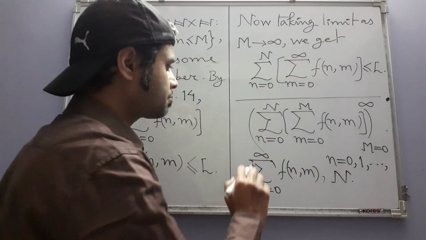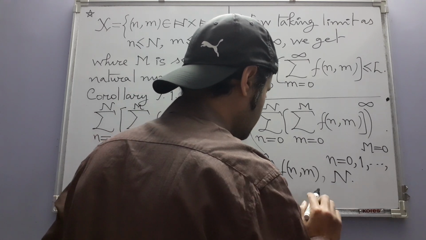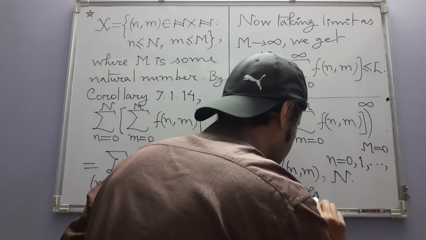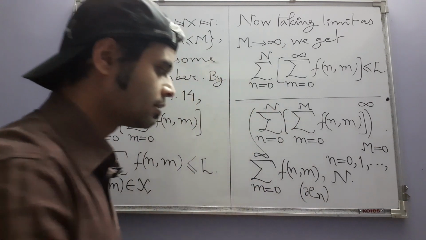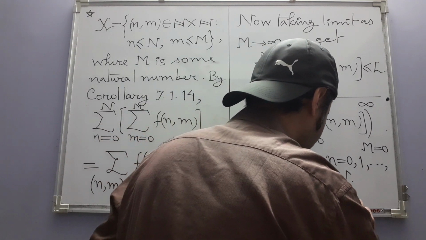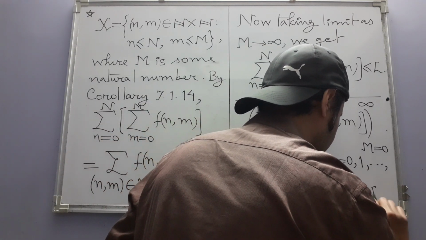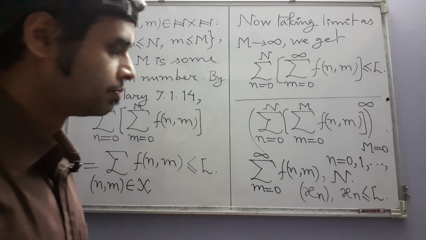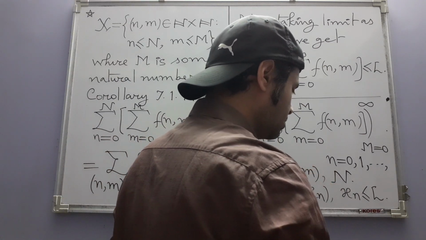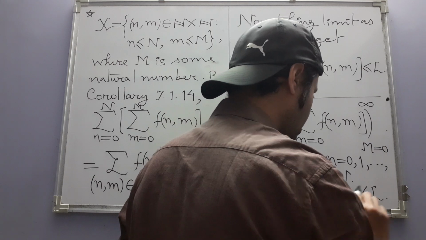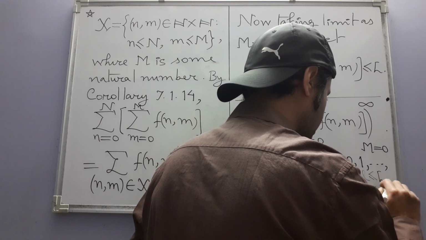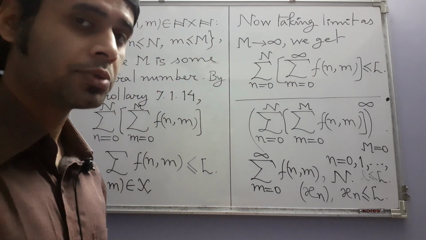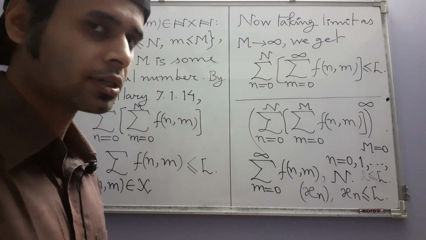That's because it is also one of the properties of limits of sequences. Say you have a convergent sequence like this, where n is the variable, and all the terms are less than or equal to some real number L. Then you take the limit and say its limit is small l, then small l is also going to be less than or equal to L. And this is a consequence of the comparison principle for limits of sequences.